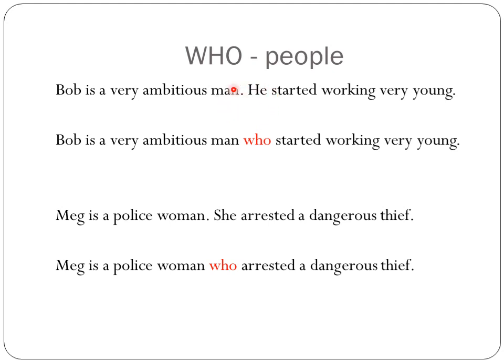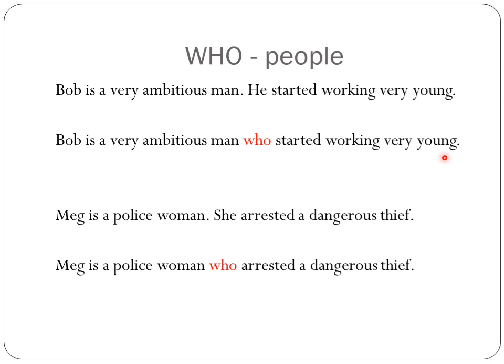These words, man and he, refer to Bob. So, to link both sentences, we eliminate he and we use who in its place. Bob is a very ambitious man who started working very young.